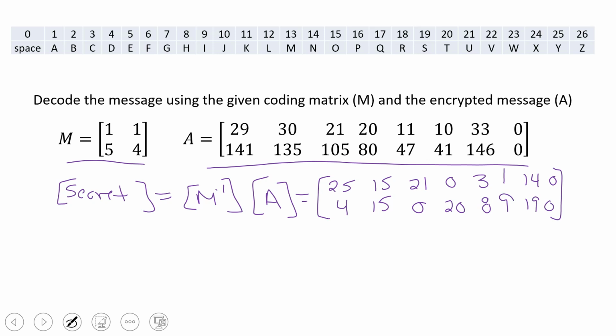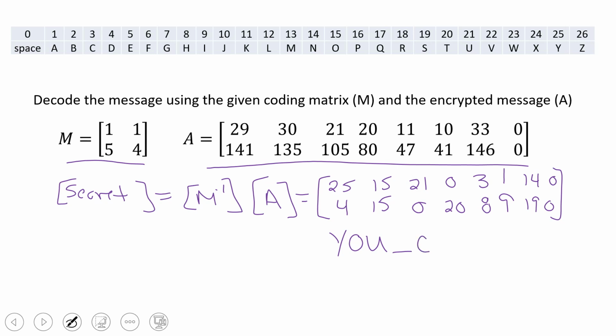And now I'm going to use my legend up above to see what this has. So 25 is a Y, 15 is an O, 21 is a U, 0 is a space. That's looking promising. It's at least a word.